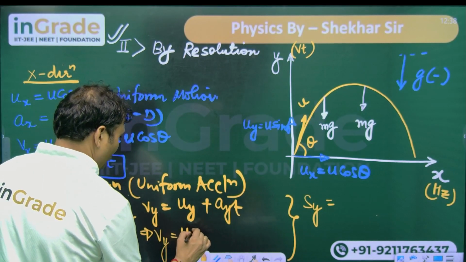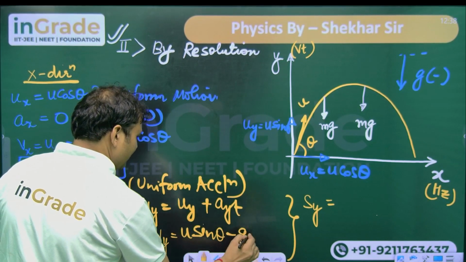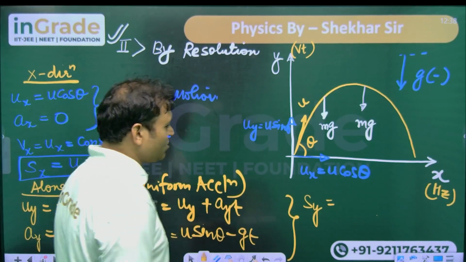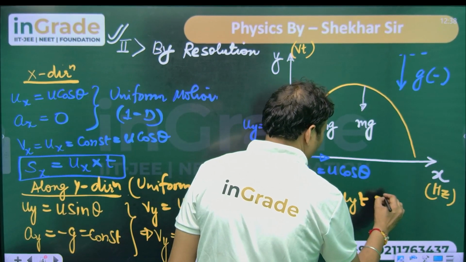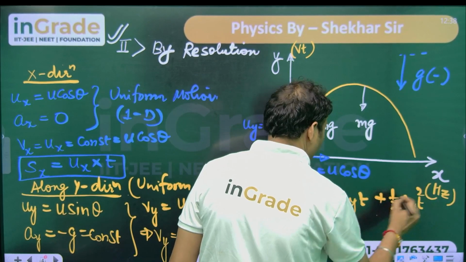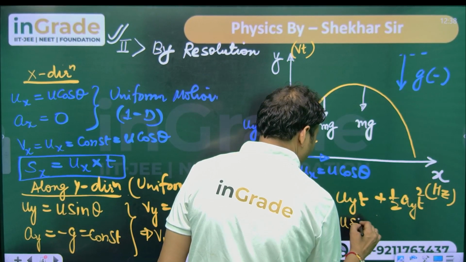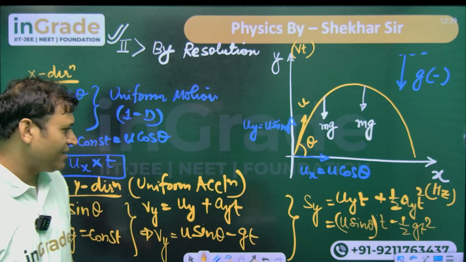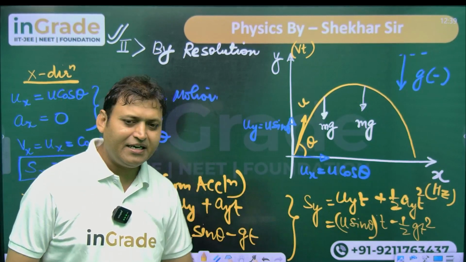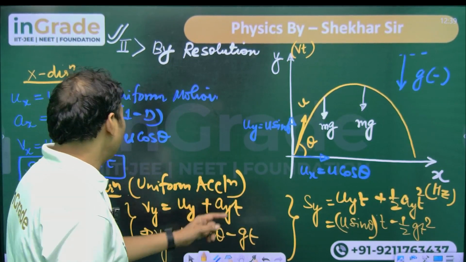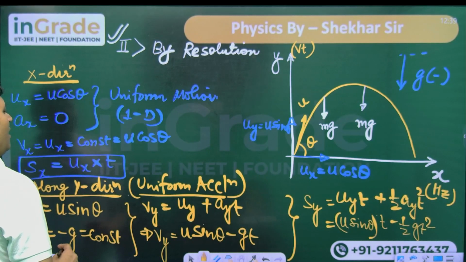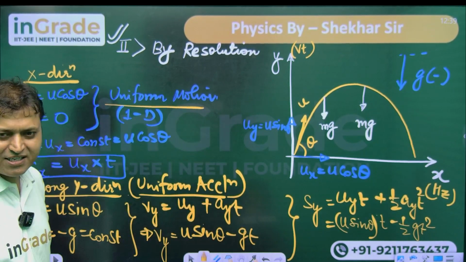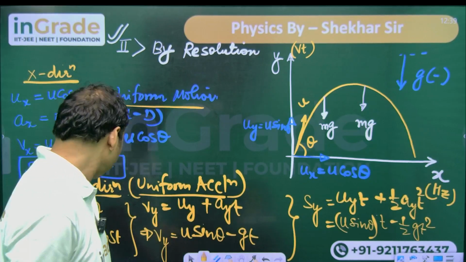So it will be u sin theta minus gt, the velocity of the particle after time t. Sy is equal to Uy t plus half Ay t square. So we can write it as u sin theta t minus half g t square, that is the displacement of the particle in y direction in time t. Motion of the particle along y direction will be uniformly accelerated motion. Motion of the particle along x direction will be uniform motion, right?